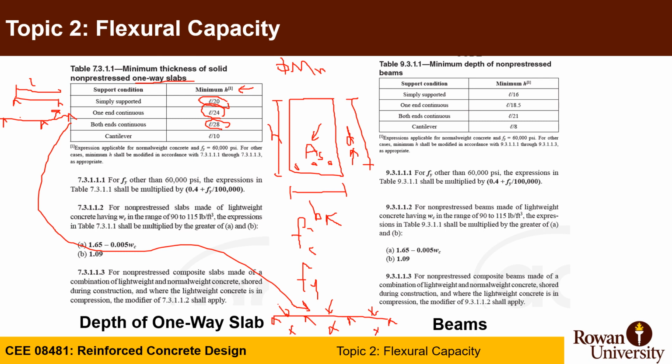If you have a cantilever slab, which is a slab that extends from one side as a cantilever, you take the span divided by 10.